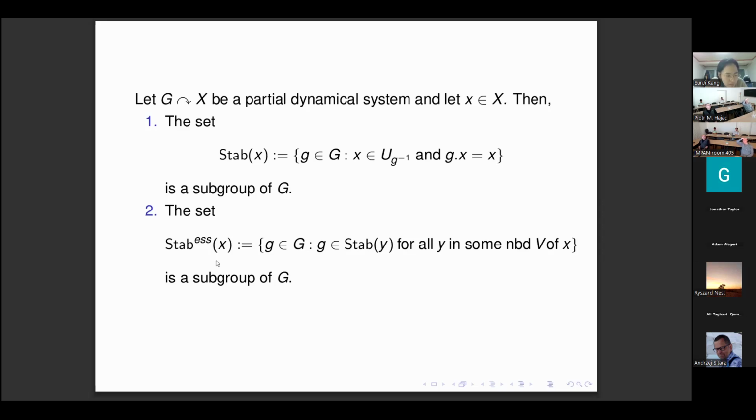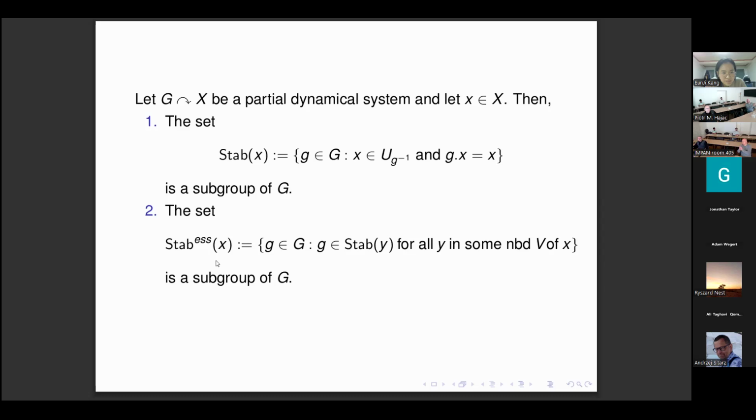If you have a global action, for instance of a compact Lie group on a manifold, then you have the decomposition of your manifold into orbit types, where you take together all orbits having the same stabilizer.